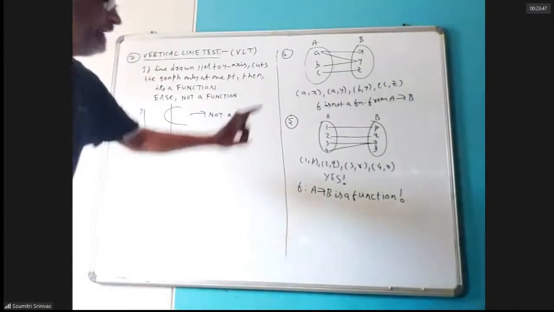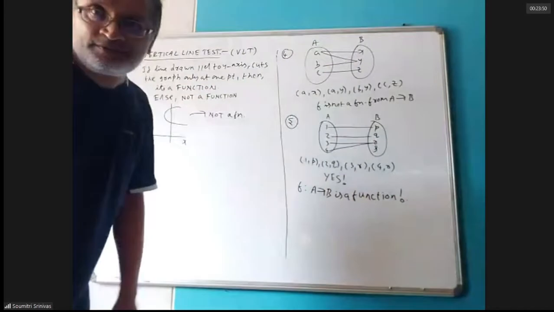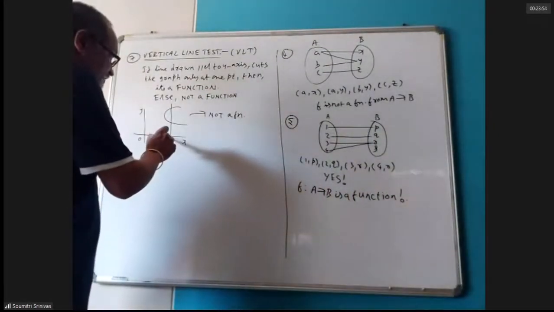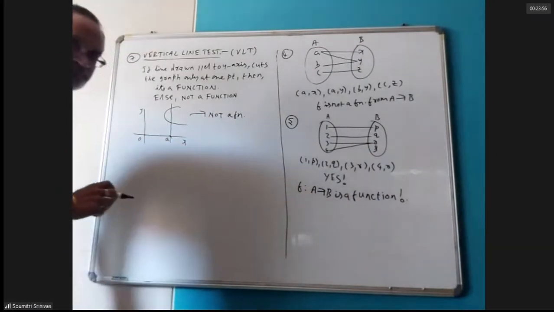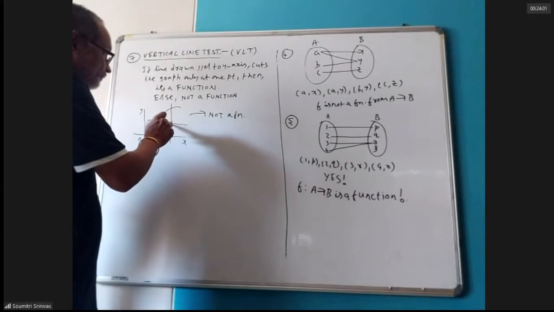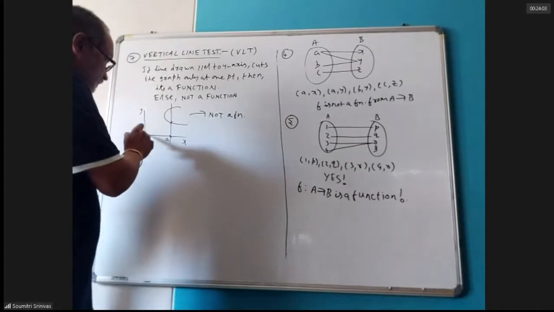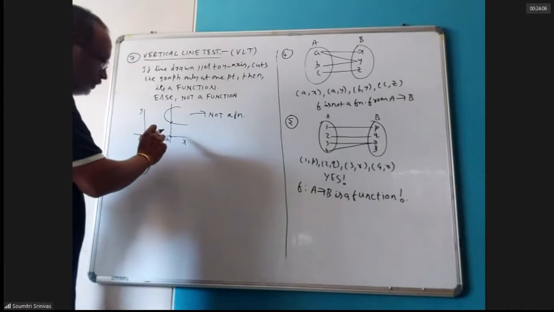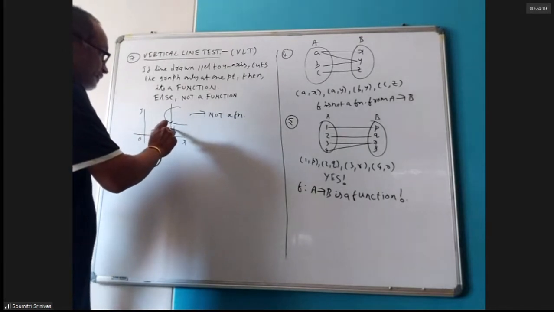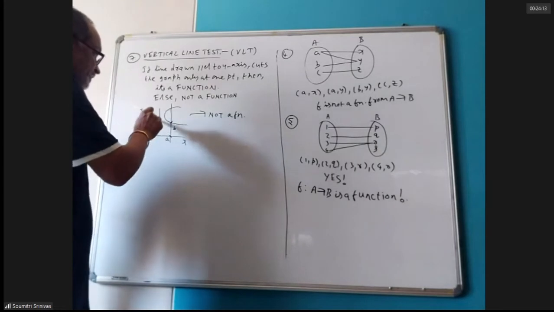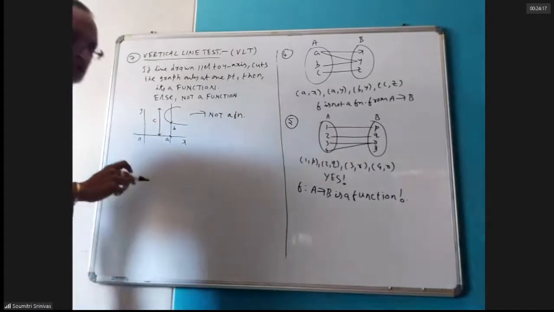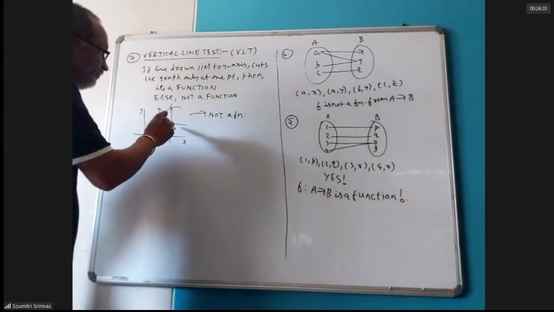Can you tell me in terms of this? I will call this A. Let this height be B. Let this height be C. What is this point on the graph?